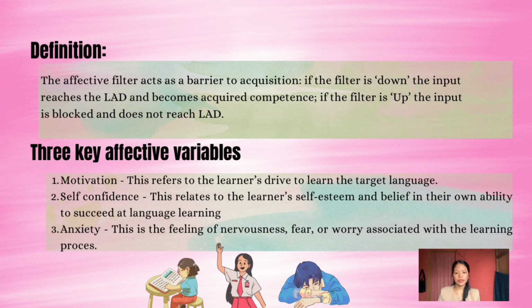And so lastly, maybe we are already familiar with this, anxiety. This is the feeling of nervousness, fear or worry associated with the learning process. For example, when we are reciting, we fear what others might say about us or what they are going to say when we make mistakes, or we are feeling nervousness when we are going to report in front of the classes, in front of the professor, or we are feeling intimidated when we are reciting in front of the professor.